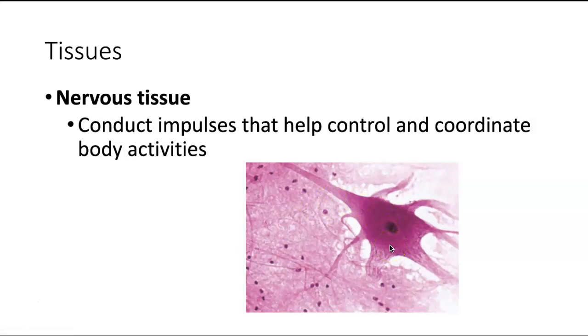It's not just you consciously doing things, but the very fact that your heart's beating, the very fact that you're breathing without having to think about it is due to this nervous tissue that is conducting these nerve impulses, whether you're thinking about it or whether you're not. And when we talk about the nervous system, it's one of my favorite systems because it's pretty complex, but we really don't understand a lot about it. There's still a lot we have to know, and I think that's really cool in science. So anyway.